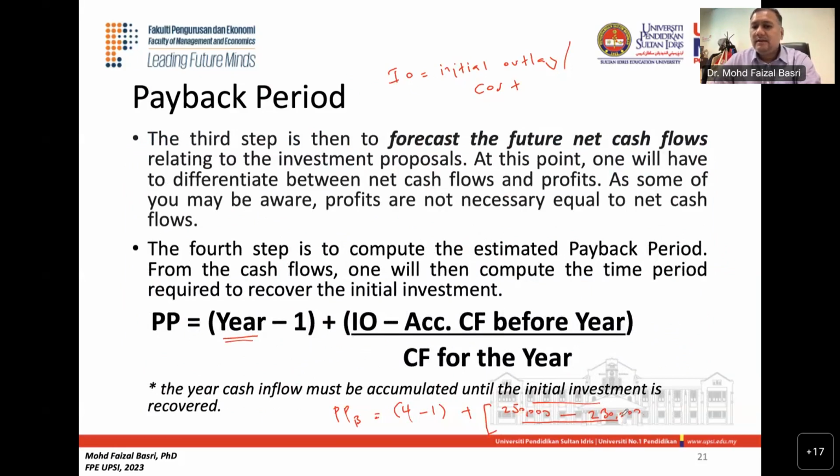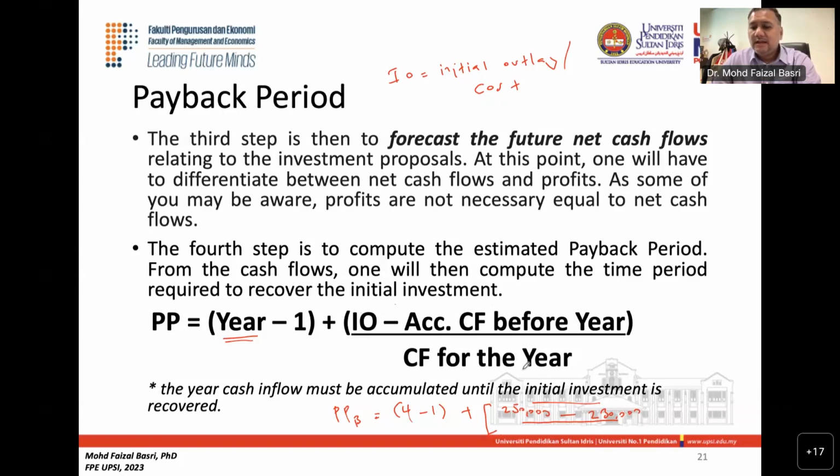And when you minus this, the difference is always a positive value. It shouldn't be more than 250. You shouldn't get a negative result in the numerator. It's always a positive result. So that means 250 minus 230, because our accumulation must be before the IO is fully recovered.